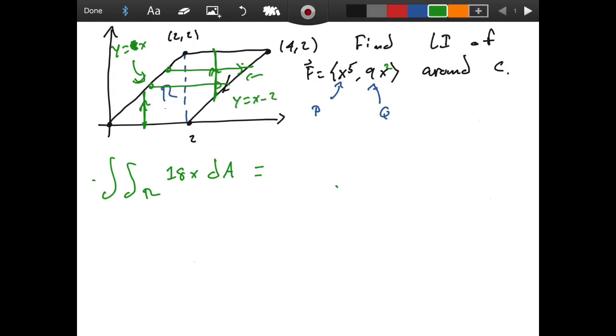Okay, so the x integral, x is going to go from y to y plus 2, and then y is going to go from 0 to 2, and we're integrating the function 18x dx dy, and now this is a problem that you can finish on your own.